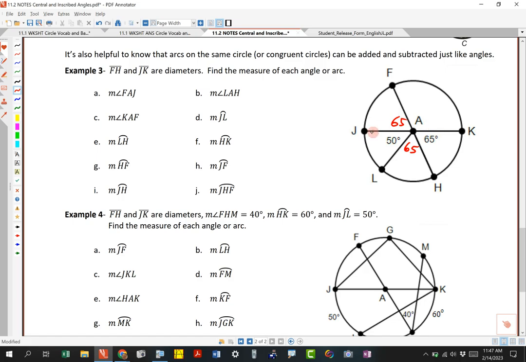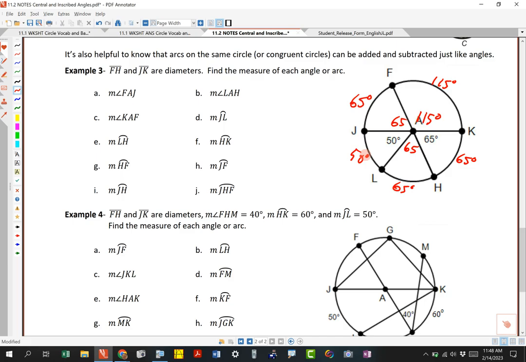Easiest way would be, this is a diameter, right? So there's 180 degrees on this side, and we use 65 of them, so that would make this 115 degrees. Am I correct about that? Yes. 65 degrees for the arc, 115 for the arc, because these are all central angles, 65 degrees, 50 degrees.